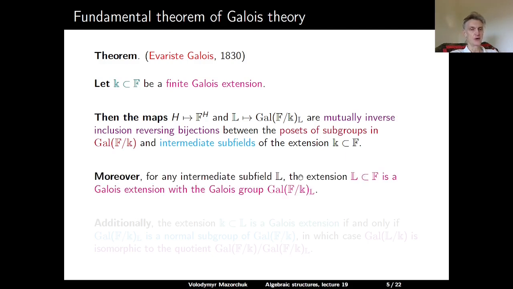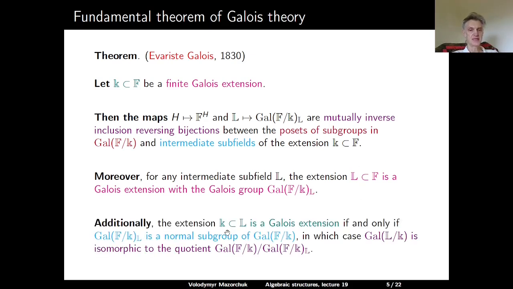Moreover, for any intermediate subfield L, the extension of L inside F is a Galois extension, and its Galois group is exactly the subgroup of the Galois group of F over K, which consists of all elements that fix L pointwise.